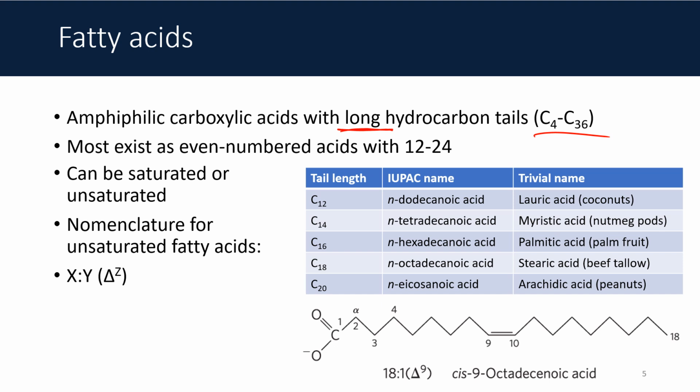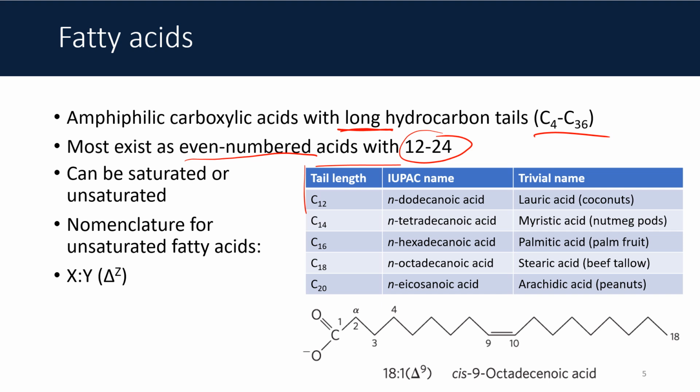And narrower than that, most of them fall between the C12 to C24 range. And you may notice that a lot of them are even numbered. I want you to put that in the back of your mind for now. That's not a coincidence. But anyway, here's a table of some common fatty acids that you will encounter in this course and just general biochemistry.